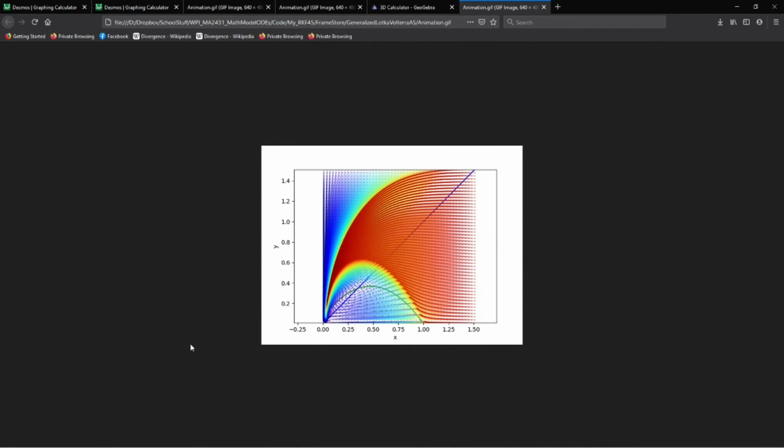And sure enough, we see the solutions are all converging down onto that equilibrium point.